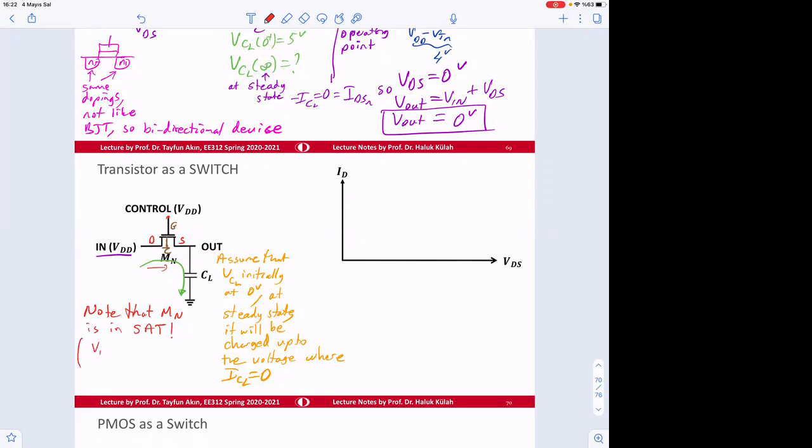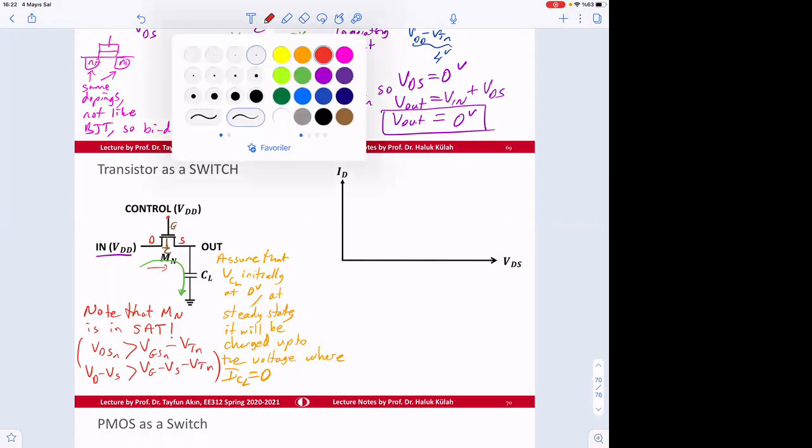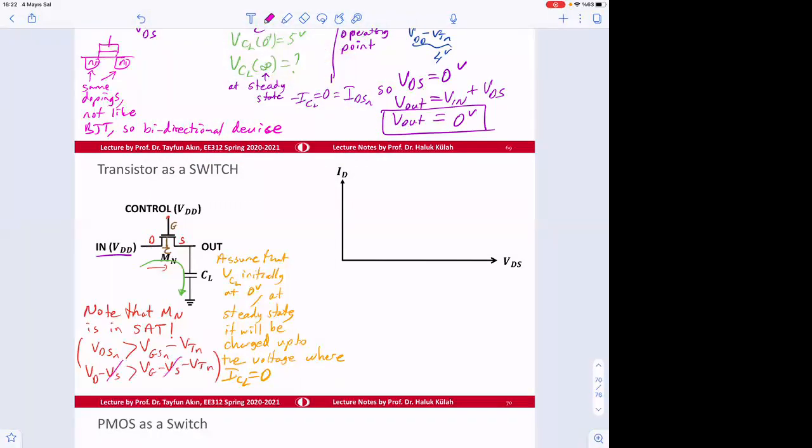Because the drain to source of N is always larger than V gate to source of N minus VTN. Why? Because V gate and V drain are equal to each other. So we say that V drain minus V source is larger than V gate minus V source minus VTN. And then here, maybe we can just cancel out the sources.